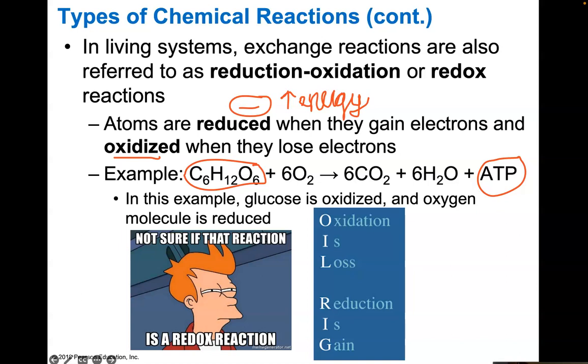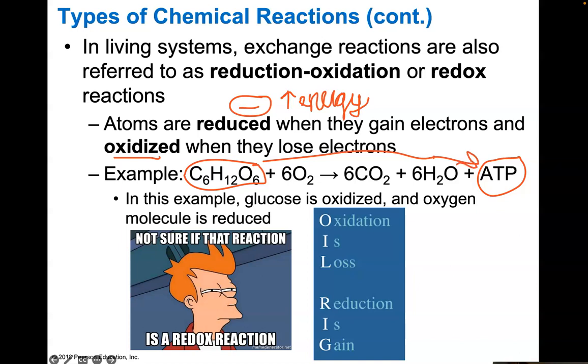It's going to lose electrons as we break it down. And as we break down those high energy bonds in glucose, we're also going to lose the energy from those bonds. Now, we don't necessarily lose the energy, right? Because this is an exchange reaction. So we're just exchanging it. And as we exchange those electrons and the energy in those high energy bonds, we're going to put them into a usable form called ATP, into these high energy phosphate bonds now, right?